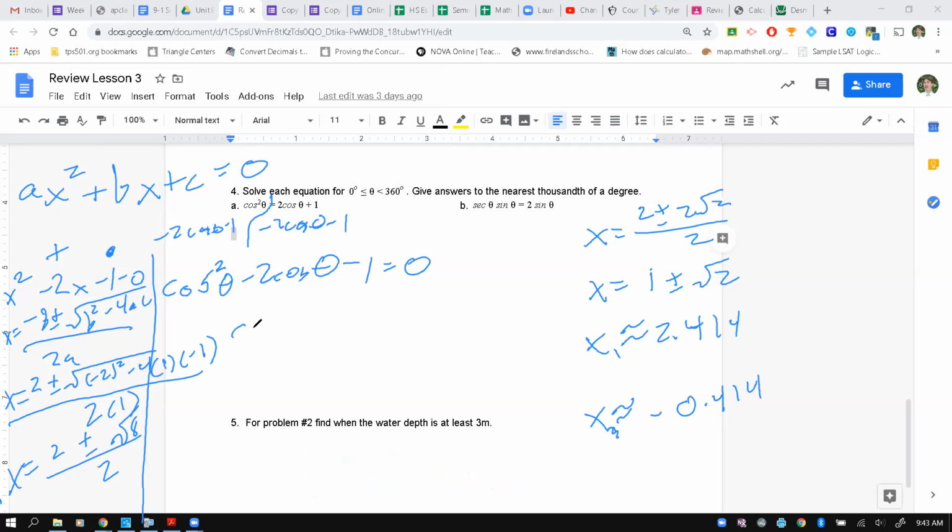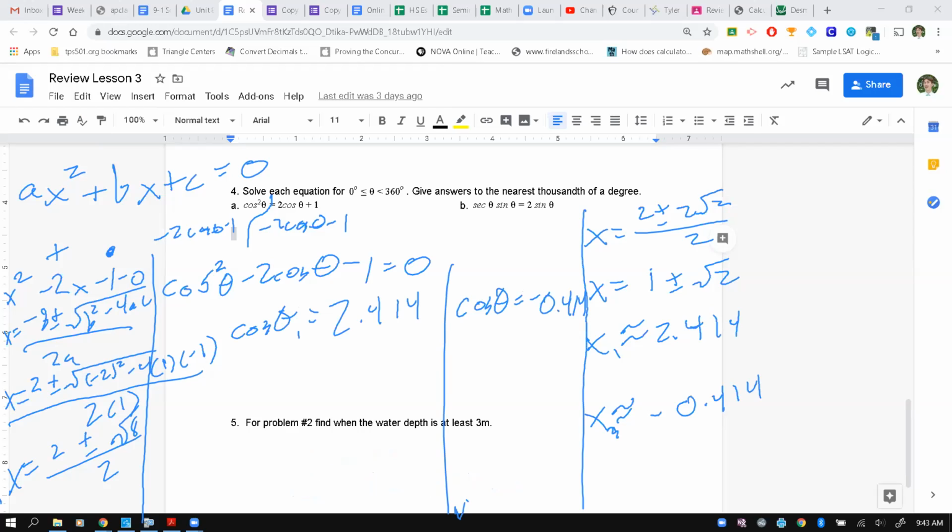The cosine of theta is equal to 2.414, and the cosine of theta is equal to negative 0.414. And then you're going to want to solve both of those by taking the inverse. I'm going to get rid of those subscripts until we have to actually find our two answers.